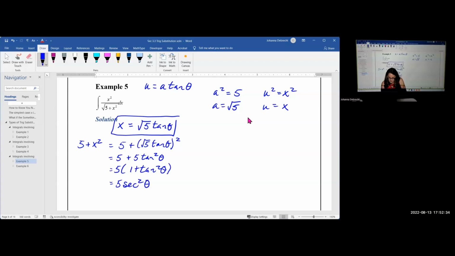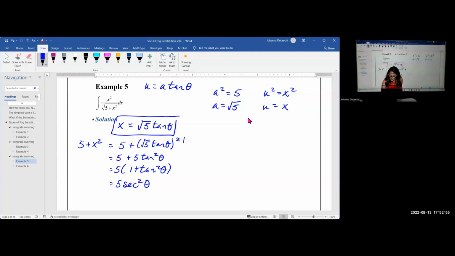So I've gone from something in terms of x to something in terms of theta, and from 2 terms to 1 term. So now when I replace what's under the radical with this, I'll be able to take the square root of it, and the absolute value of secant of theta, because of the way I define theta, will just be positive secant of theta. This is the first one.